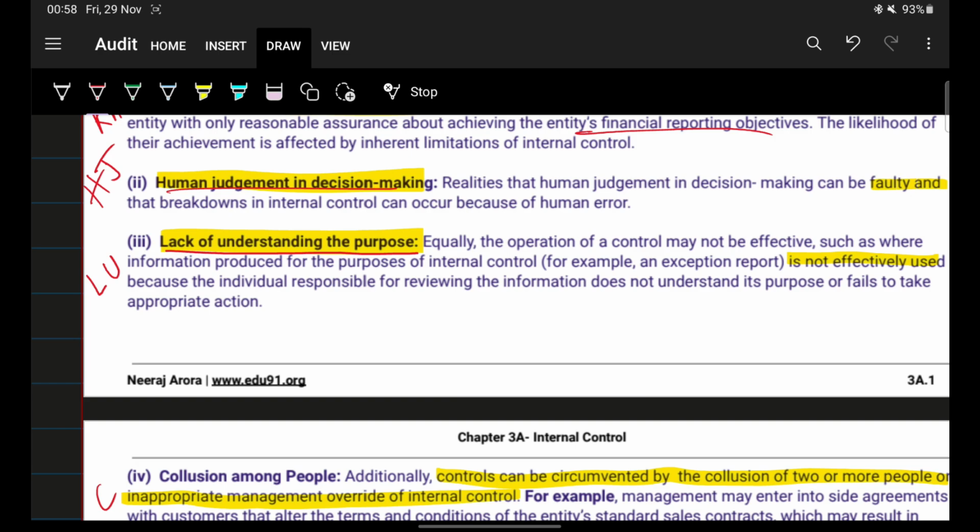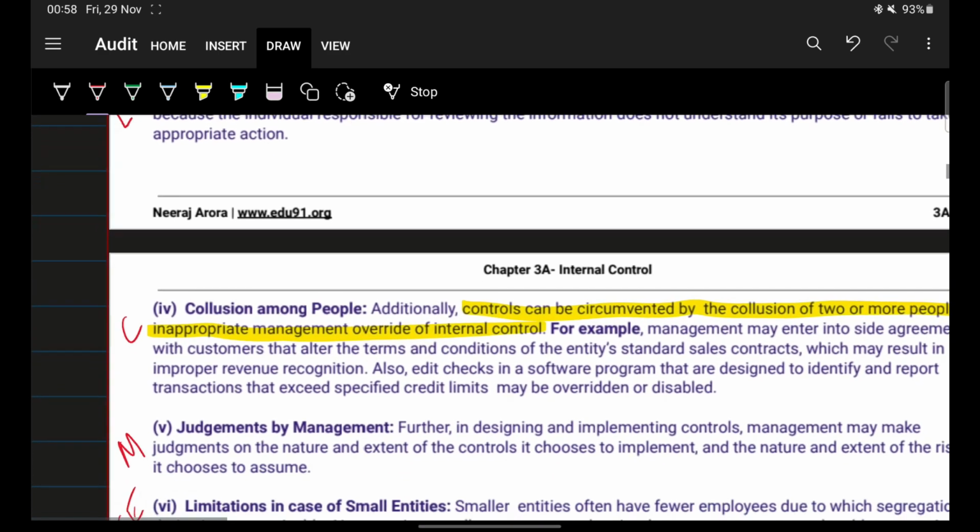But then he doesn't know why that particular materiality is set at 1 lakh, and he just doesn't report it, thinking that it is a normal transaction and just lets it through. So here, lack of understanding is also a limitation in internal control.